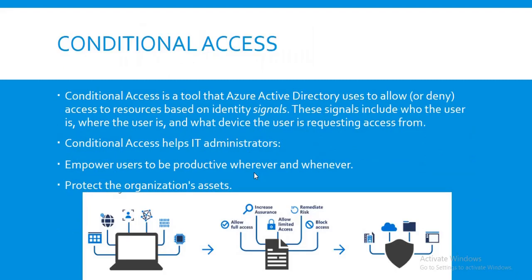In conditional access, basically you can enable users and groups for a particular access. Then you can enable the IAM blade. You can enable what kind of users or groups you want to provide on which kind of conditions.